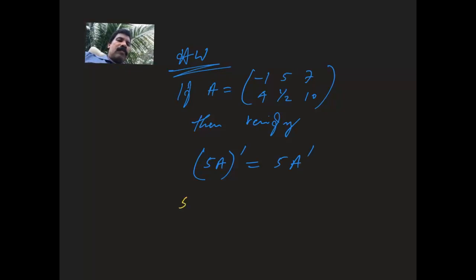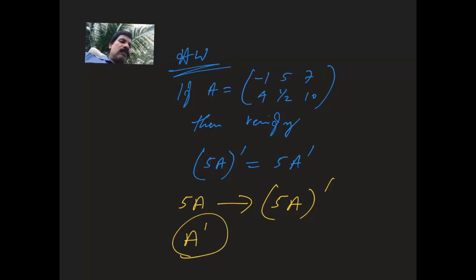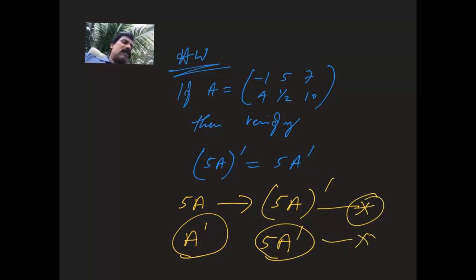First of all, you have to find 5A, then you have to find its transpose. Then again you have to find A dash, the A transpose. Then you take the scalar multiple of A dash by 5, that is 5A dash. Now you can see that both the answers, that is (5A) whole dash and 5 times A dash, will be the same.